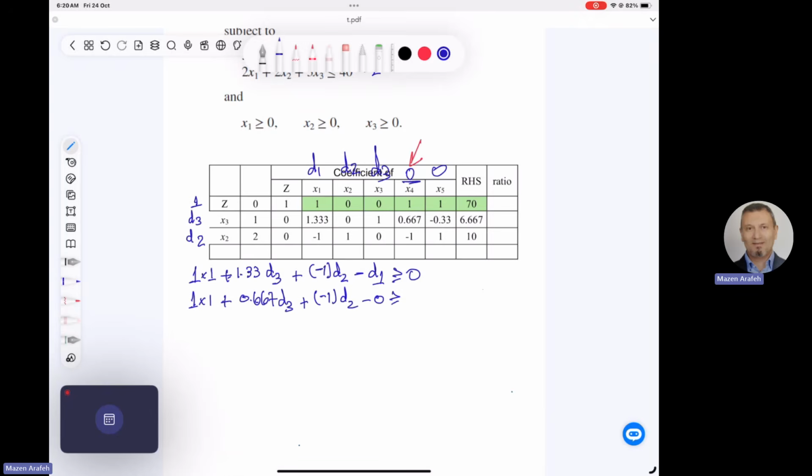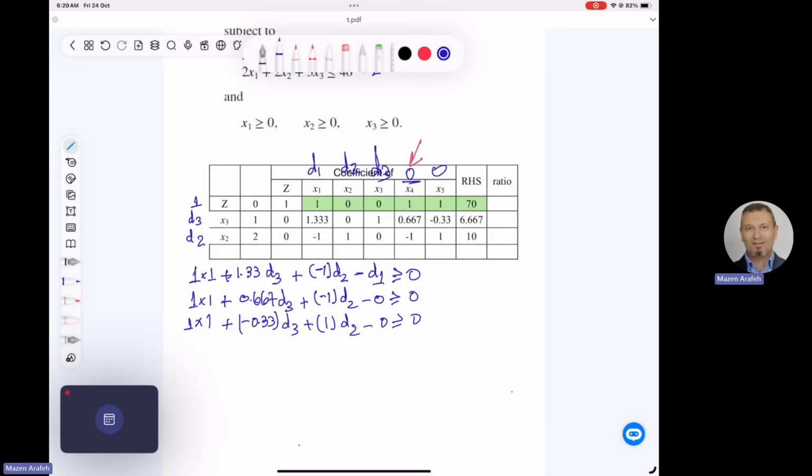It's greater than or equal to 0. The third equation, quickly, it is 1 times 1 plus negative 0.33 times d3 plus positive 1 times d2 minus, again, minus 0 greater than or equal to 0. Now I'm using the x5 column. Okay, so now I have three equations, three unknowns, and we need to solve for d1, d2, and d3.